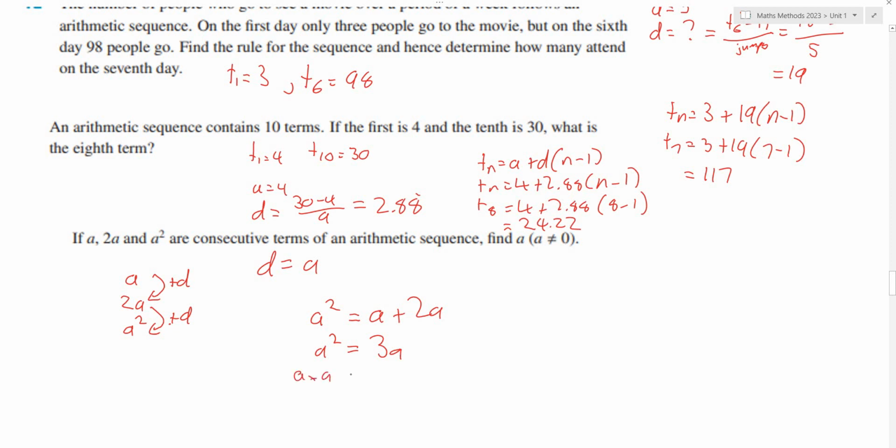If A times A equals 3 times A, what does A have to be? 3. Because if I divide by A, what's it leave me on the left?